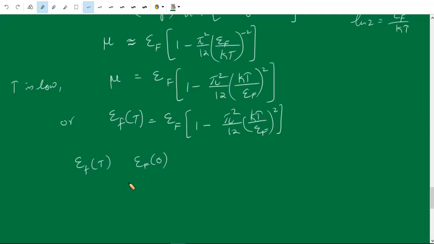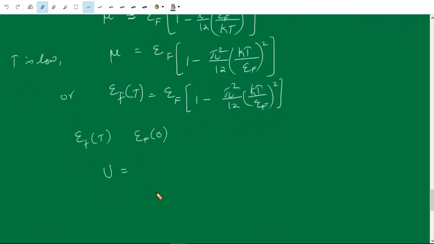Now next we wanted to find out the internal energy. Internal energy, the energy of the system, is equal to 3 by 2 nkT into f 5 by 2 divided by f 3 by 2.